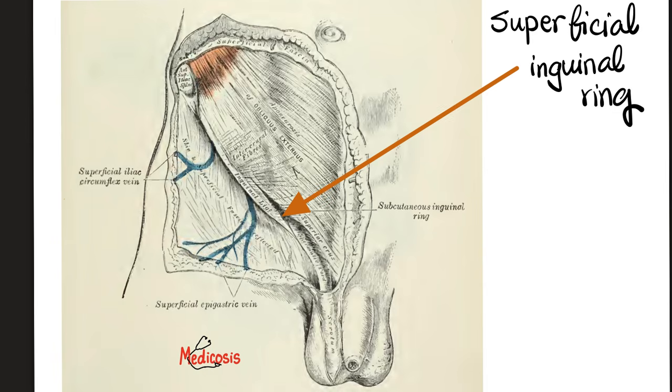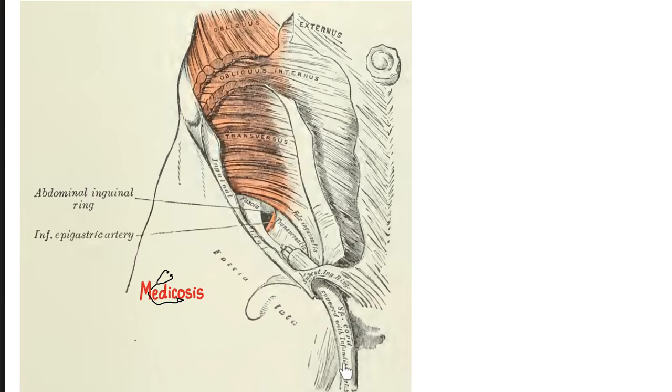After the dartos muscle, we have a membranous layer of superficial fascia, then external spermatic fascia, deep to that, cremasteric muscle and fascia, deep to that, internal spermatic fascia, and then there is the parietal peritoneum of the scrotum, known as the tunica vaginalis. Tunica means coat because it covers the testis. Vaginalis means invaginated.